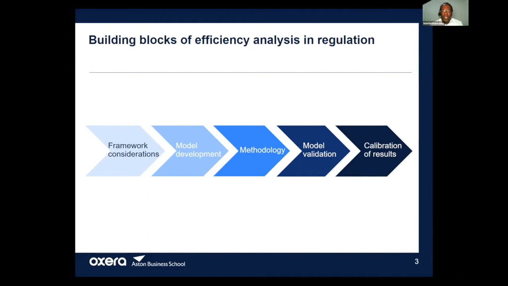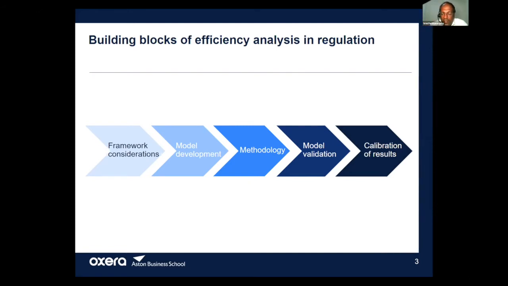I'm not sure how many of you are familiar with regulatory work, but in general, regulation is seen as a weak and temporary substitute for competition. One of the objectives of regulation is to mimic competitive pressures. Efficiency analysis is one way of doing that.